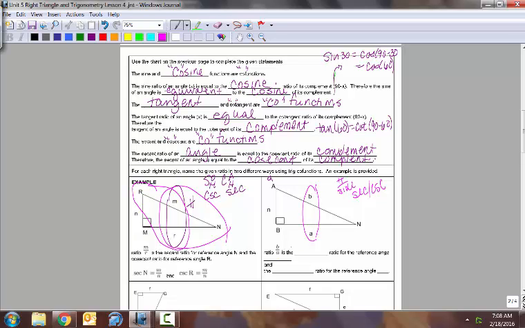So the ratio B over A would be the secant ratio, so that's going to be the adjacent over the hypotenuse for reference angle N. Ooh, forgot my L there. And the cosecant ratio, hypotenuse over opposite for the reference angle A.